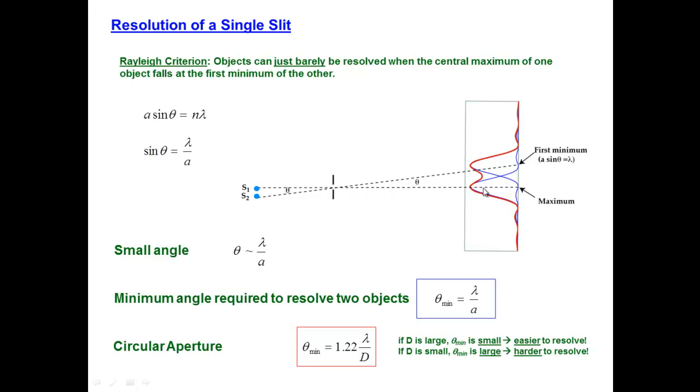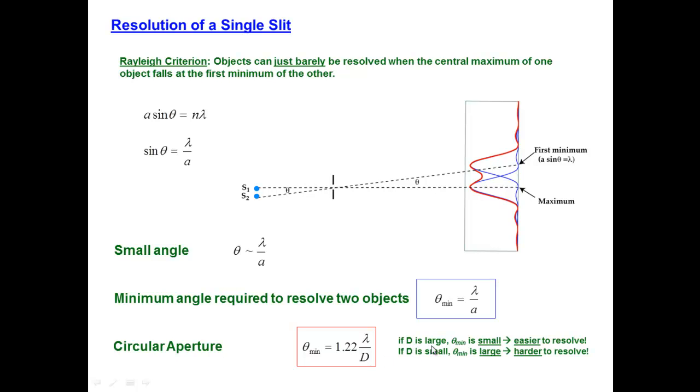The further away you get from those sources, you would see a smaller angle of separation, and at some point you would get far enough away where you would lose the ability to resolve the sources. Alternatively, if you start off very far away and move closer and closer, the angle of separation will get bigger and bigger, and then when it finally reaches the minimum needed for resolution, you will be able to see them as two separate objects.